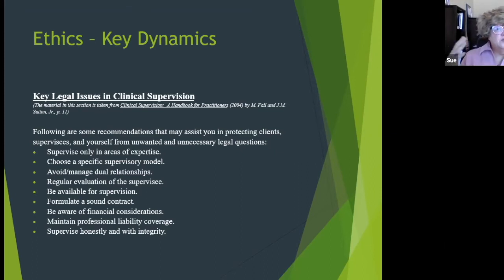So being crystal clear and as transparent as you possibly can about the dual relationship is important not only for you, but for your supervisee, so they understand where you're coming from and the safety of the room to talk about what they need to talk about as a supervisee.